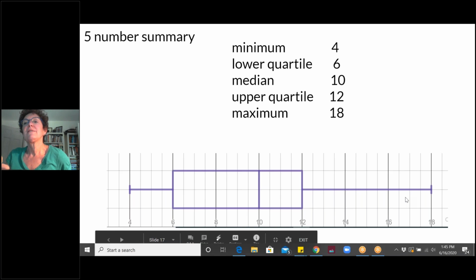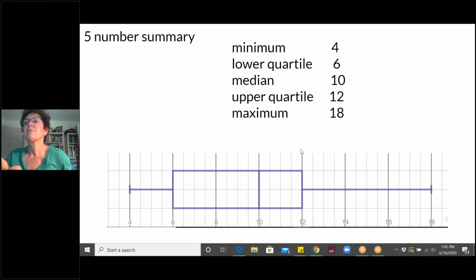So where is my data concentrated? I can see what my range is. My range is from 18, that's my maximum, down to 4, which is my minimum. If I subtract 18 minus 4, I get 14. And if I divided 14 in half, that would be 7.